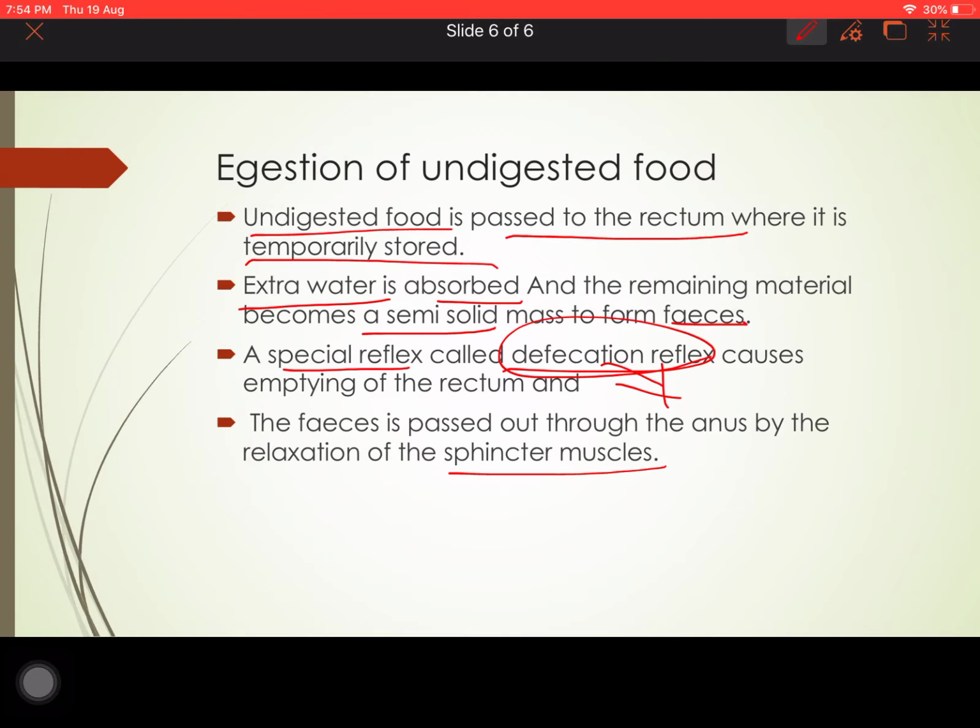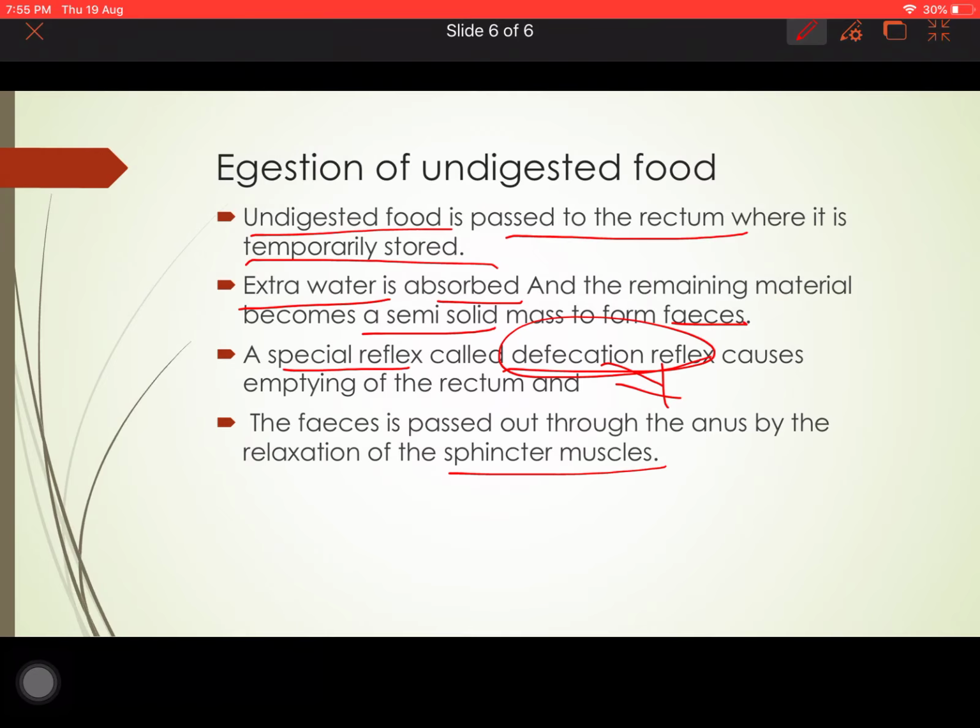So this is a special type of reflex present near the rectum, and it causes the passing out of the feces from the body, with a major role played by the sphincter muscles.